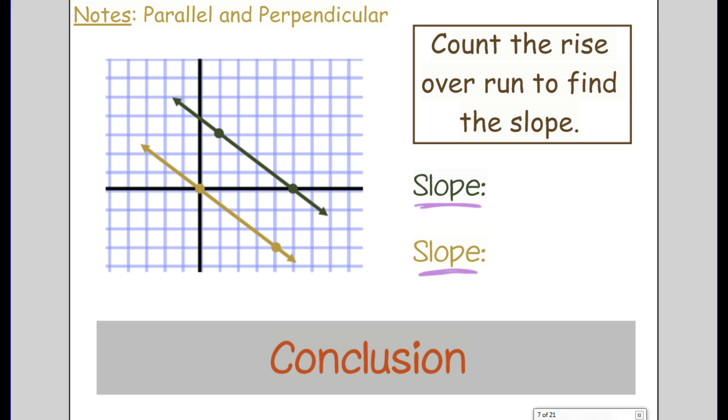Elijah, did you get the slope of one of these yet? 3, 5. Yes, is it positive or negative? As x is getting bigger, as we're going to the right, are the lines headed down or up? Headed down. So, negative 3/5. Okay. So that's the slope of the darker one.